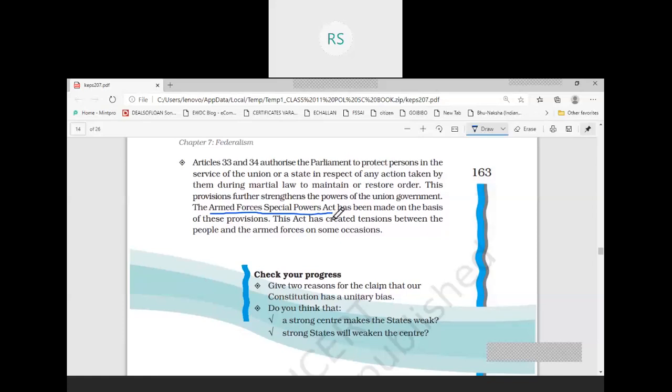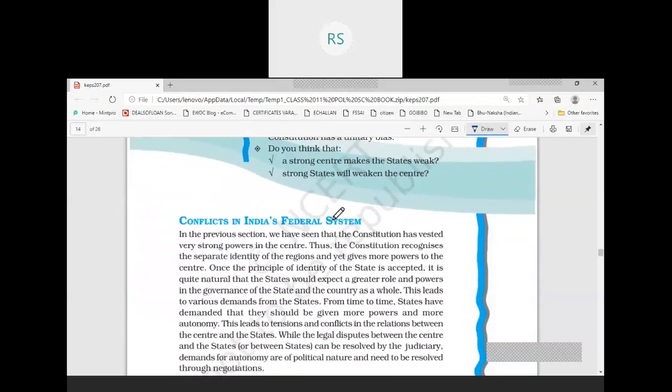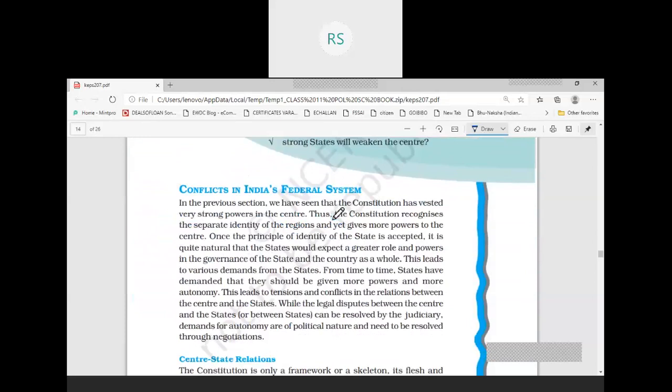So now we have discussed the important provisions of the constitution which provide for the strong center in spite of having a federal structure. Now we will move to another segment, and in this segment we will know about the conflicts. What are the conflicts in India's federal system?